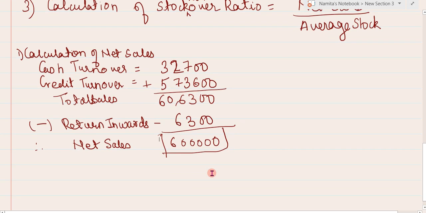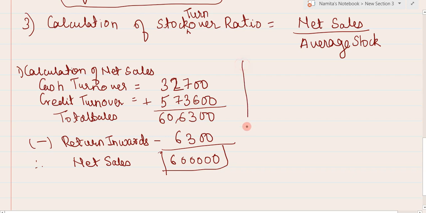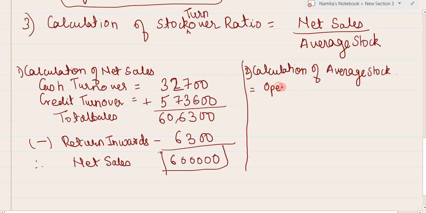Okay. Now next we have to find the calculation of average stock. The formula of average stock is opening stock plus closing stock divided by 2.